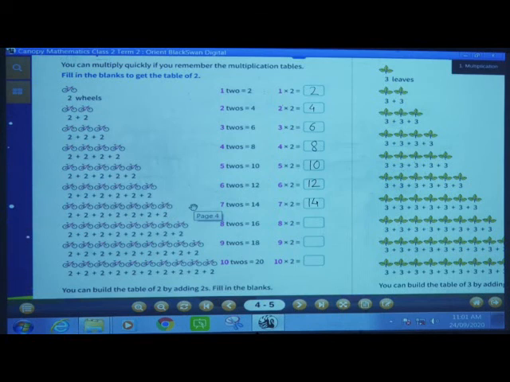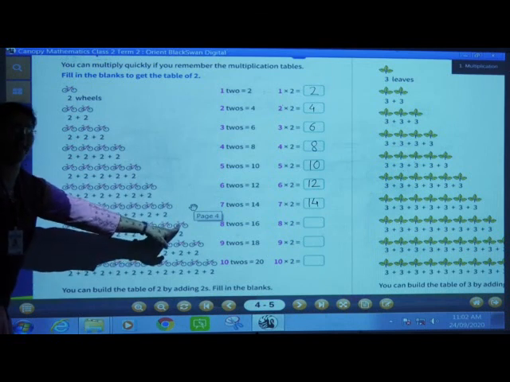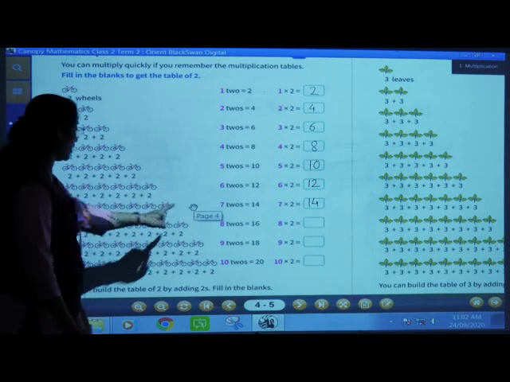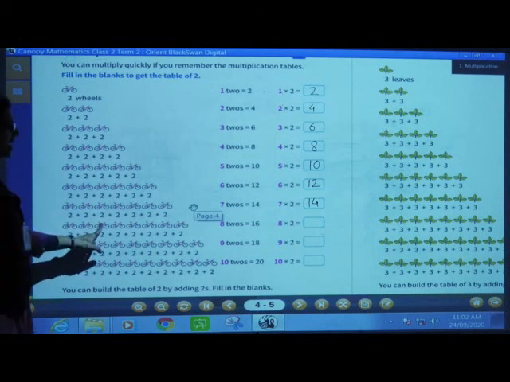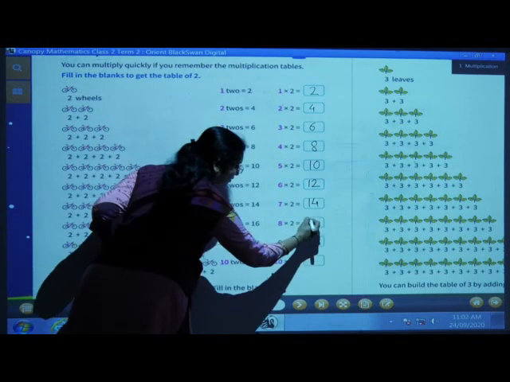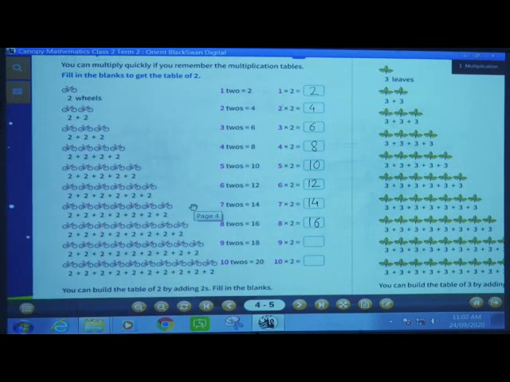Here 1, 2, 3, 4, 5, 6, 7, 8. 8 bicycles are here and each bicycle has 2 wheels. Means 8 twos are how much? 16. 8 twos are 16.